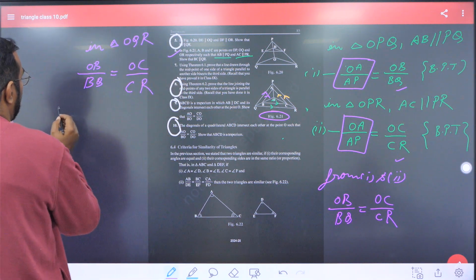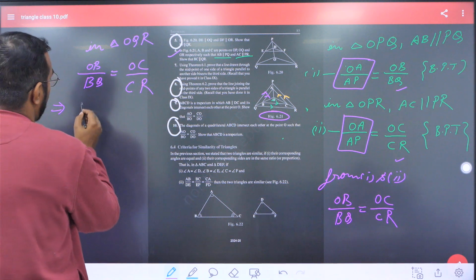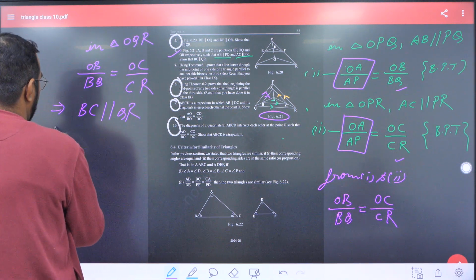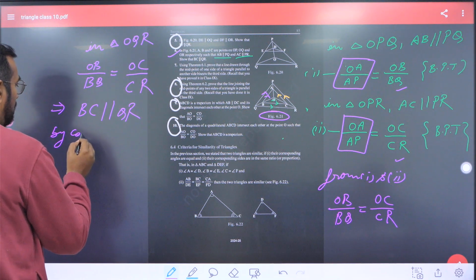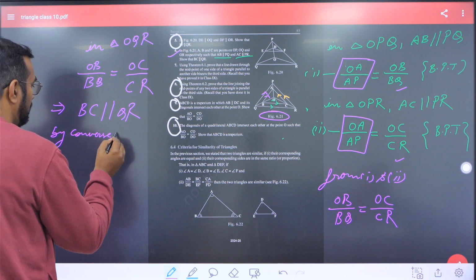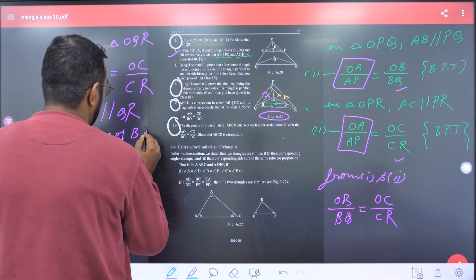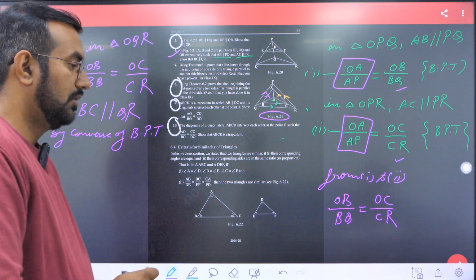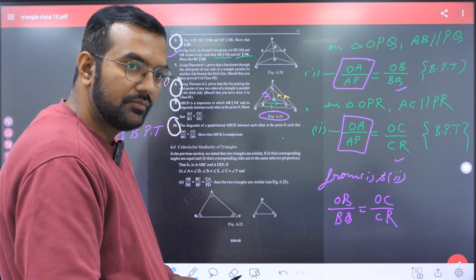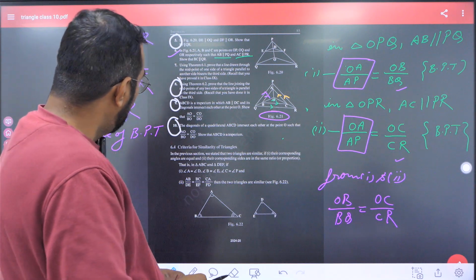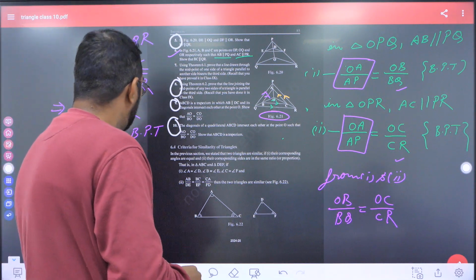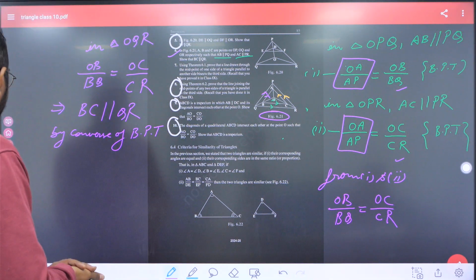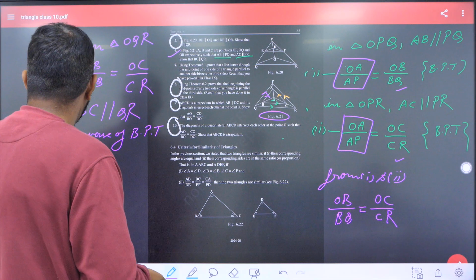Proved, right? This implies that BC is parallel to QR by converse of BPT. Okay? If you want to note it down, you can. Done. So let's move to the next question.